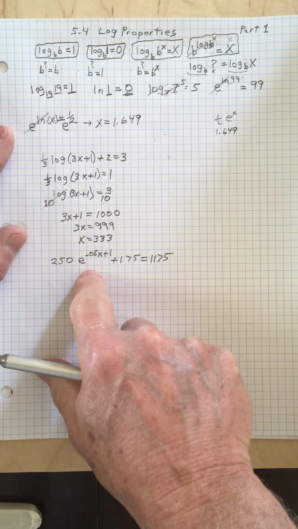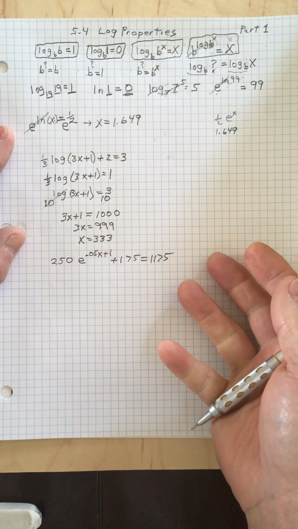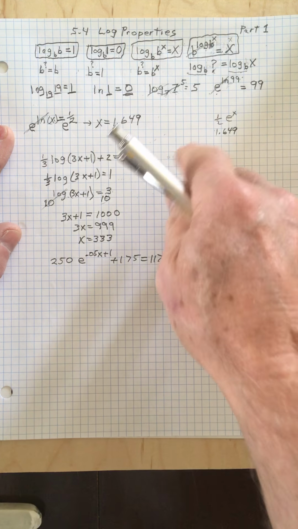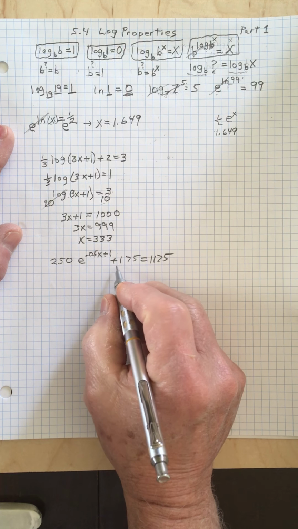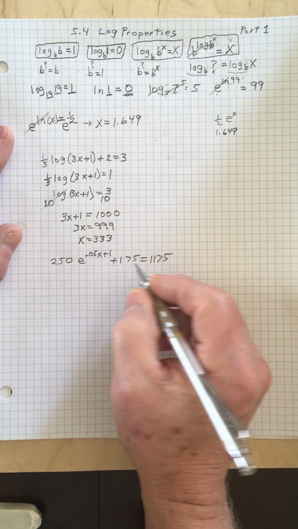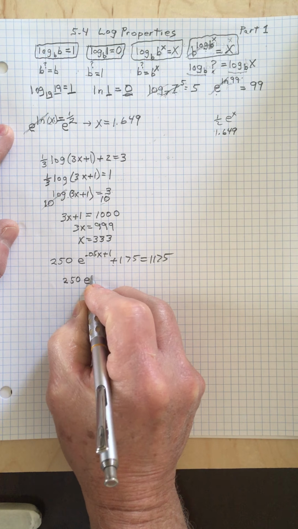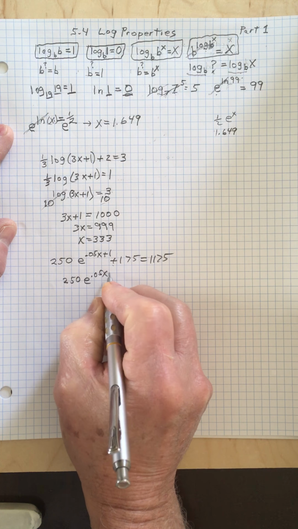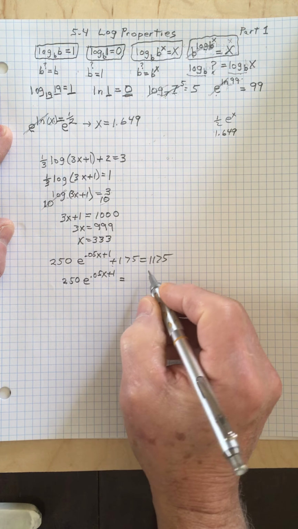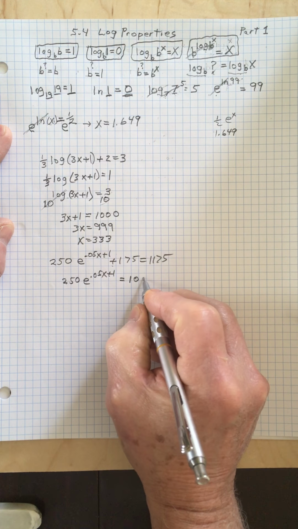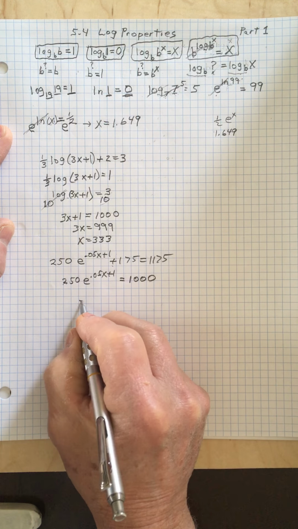This time we have an exponent here, but if we could isolate that exponent term, then maybe we could use one of these other rules here. So let's try that. So first let me subtract this from both sides. Okay. Now we're going to divide both sides by 250.